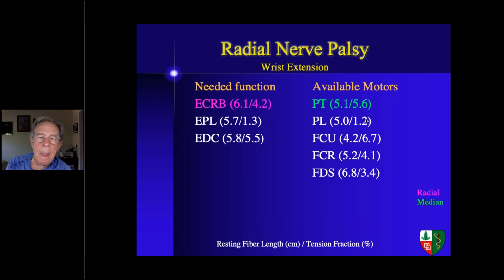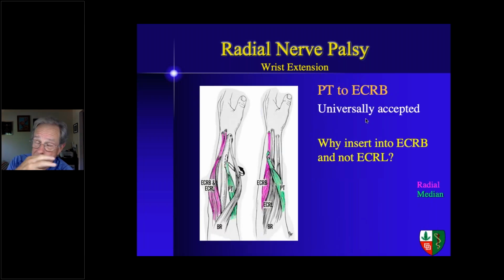We can see what's needed, and then we can look at available motors and come up with perhaps the best combination. And so a good substitute based upon the physiology would be the pronator teres. And in fact, this is probably the most commonly performed transfer to restore wrist extension, universally accepted.